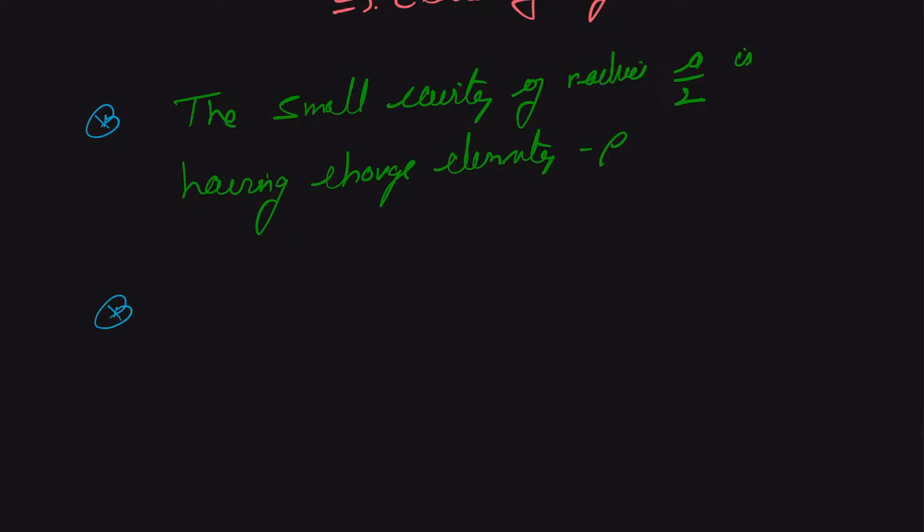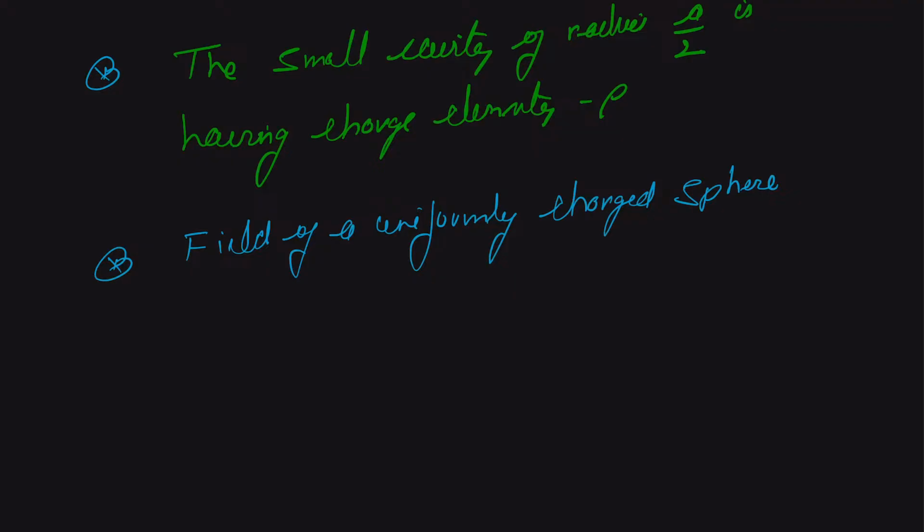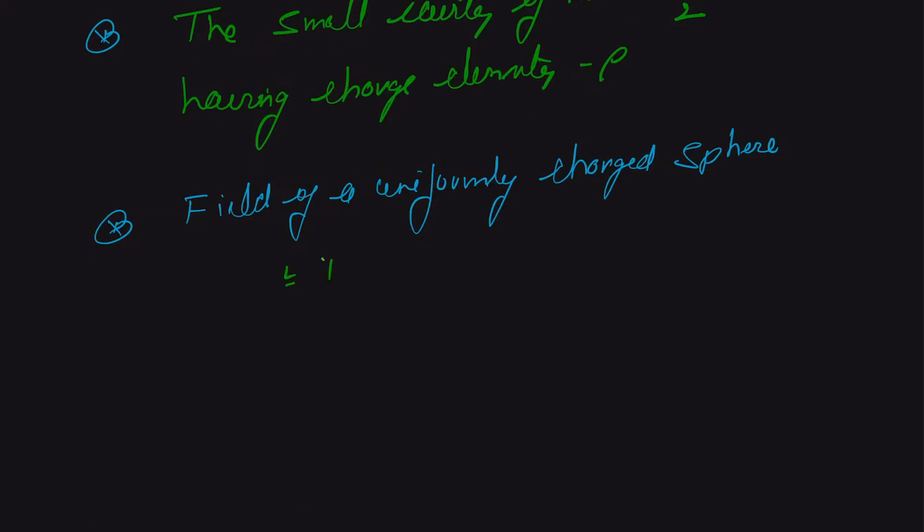So you can say that the electric field of a uniformly charged sphere inside the sphere, let us call this our electric field E, will be equal to rho upon 3 epsilon naught, and this is our R vector.